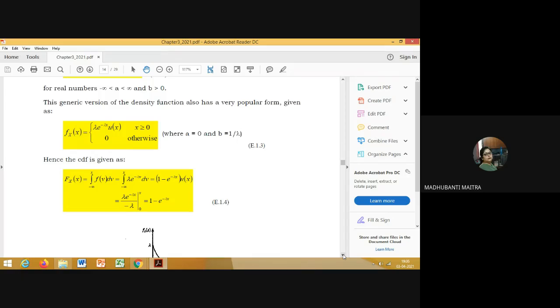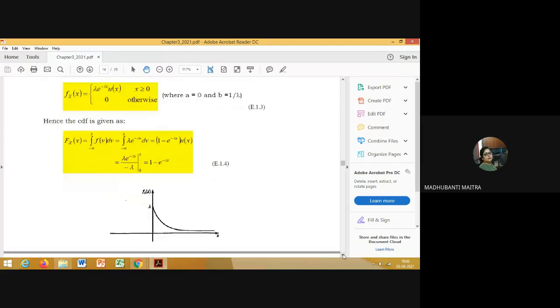Hello? Ma'am, is it zero? Mean value, the expected value. This is f(x). Do you think that x into f(x), if you integrate that, will the value be 0? Is it possible?